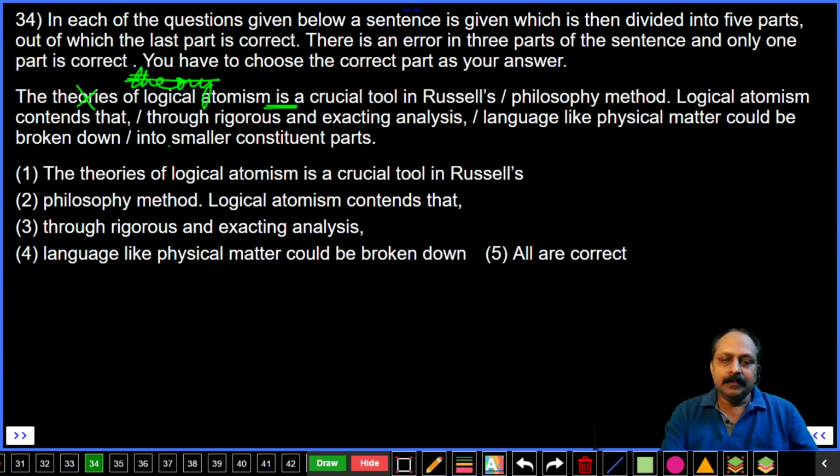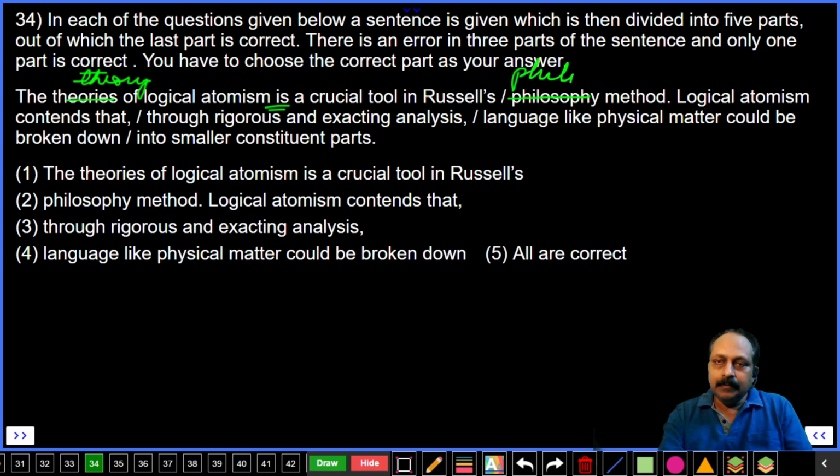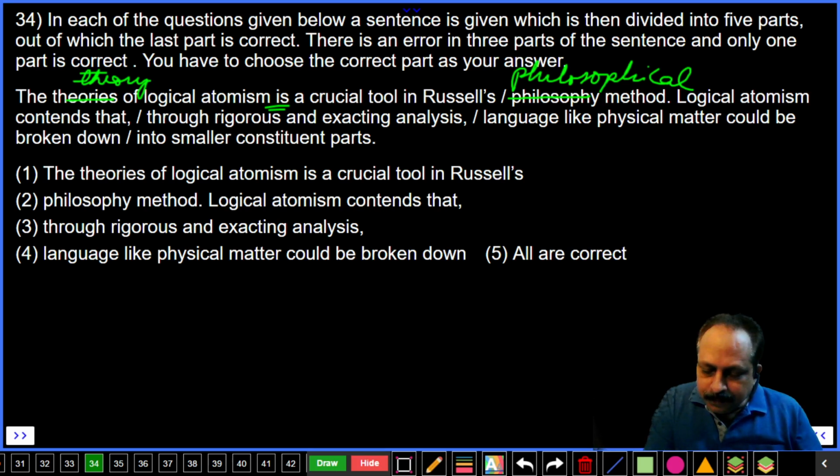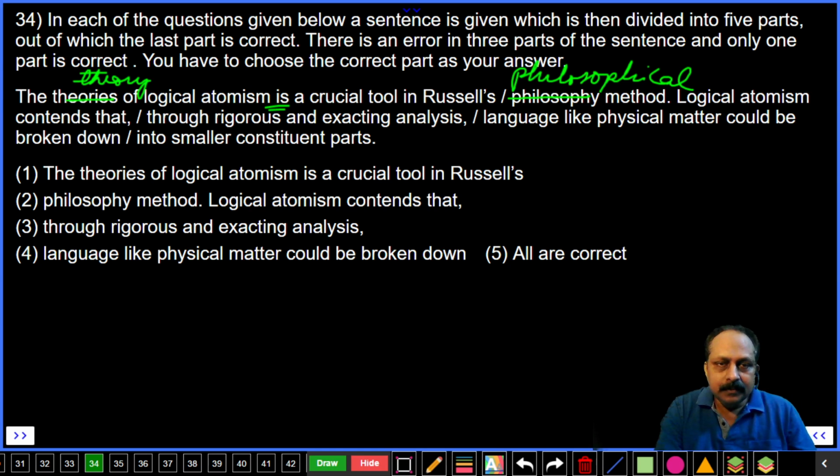Yes, here it should be theory because there's a singular verb. The theory of logical atomism is a crucial tool in Russell's philosophical method. Logical atomism contends that through rigorous and exacting analysis, language like physical matter could be broken down.